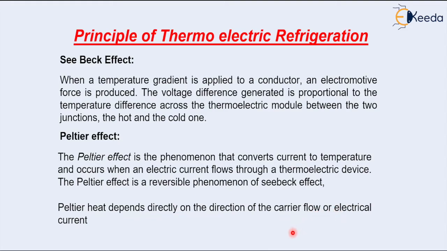What is the carrier flow like? The electrons are flowing, and in the direction in which electrons flow, heat will flow. So if two different conductors are connected and current flows through them, then heat will be generated at one junction and heat will be rejected at the other junction. This is the Peltier effect.